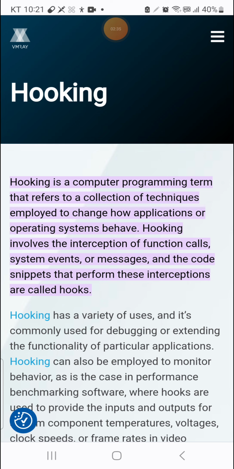Hooking has a variety of uses and is commonly used for debugging or extending the functionality of particular applications.